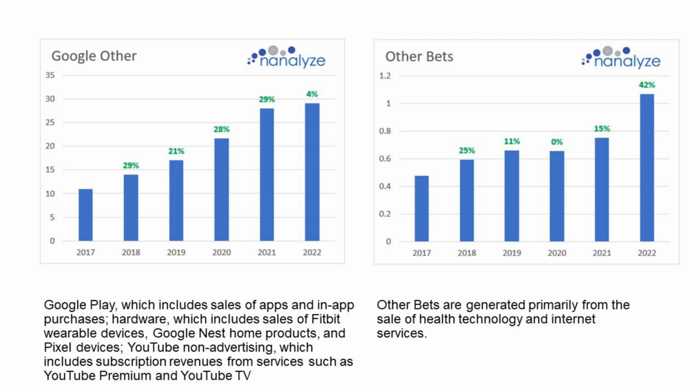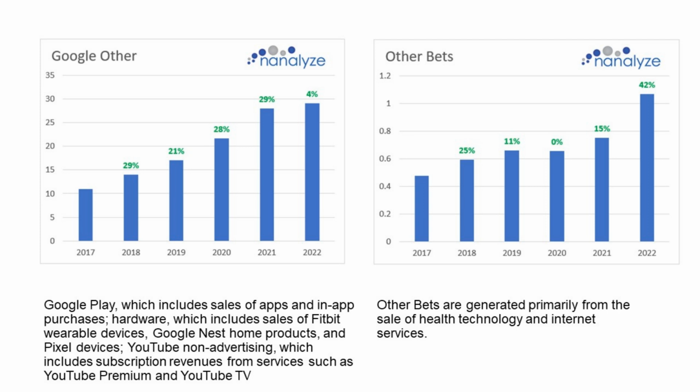But not Other Bets. These are the moonshots, the things that Google seems to have largely failed at so far, over at least the past decade it seems. They say here Other Bets revenues are generated primarily from the sale of health technology and internet services. Interesting. So when we see that big boost in 2022, maybe that came from DeepMind.